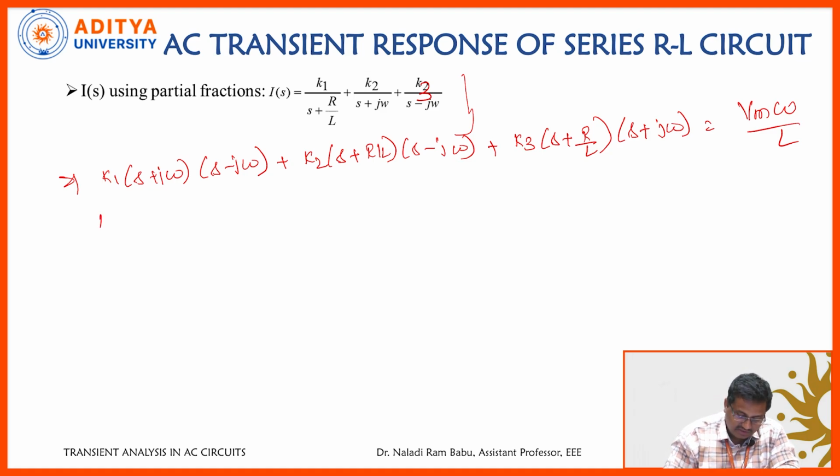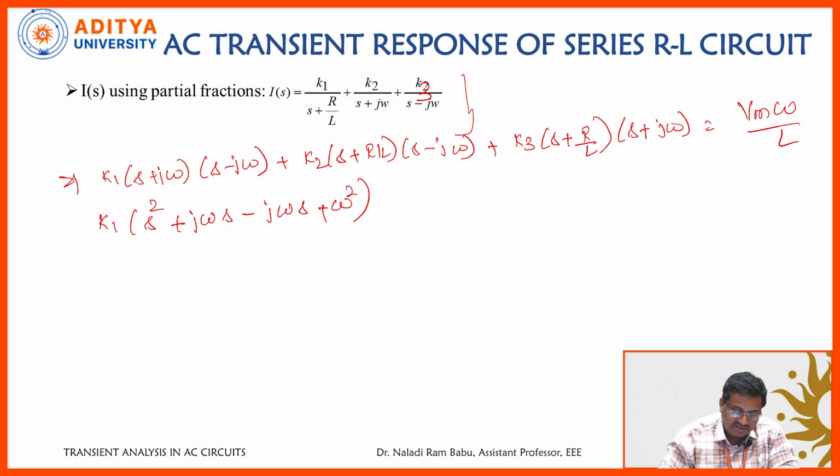Okay. So it will be K1 into S square plus j omega S minus j omega S minus of minus plus and plus j into j square. So plus into minus, it is minus, and j square is minus 1. Okay.